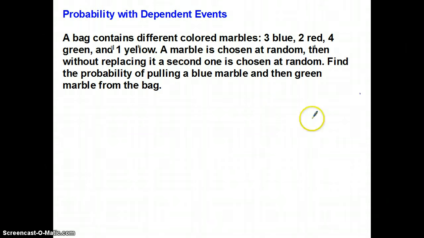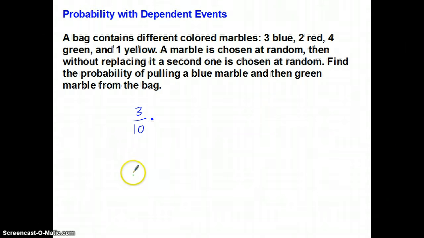So let's go ahead and start off by finding the probability of pulling a blue marble from the bag first. We have 3 plus 2 plus 4 plus 1 marbles. That means we have a total of 10, and so pulling a blue at first represents a 3 out of 10 chance. Now, we want to pull a green one after that.